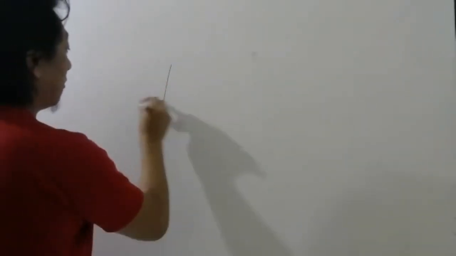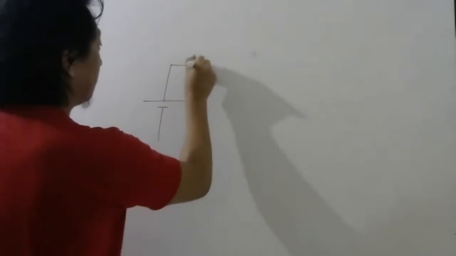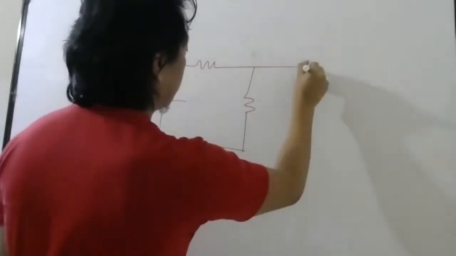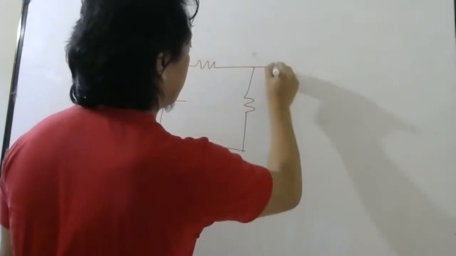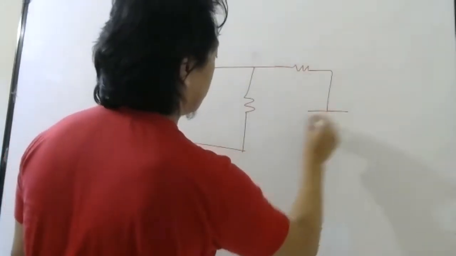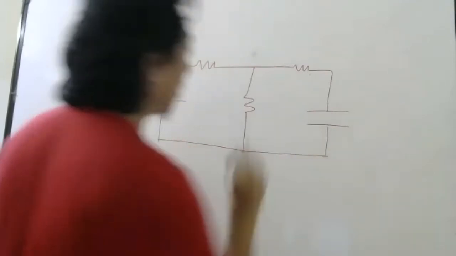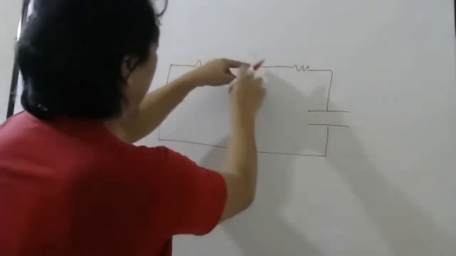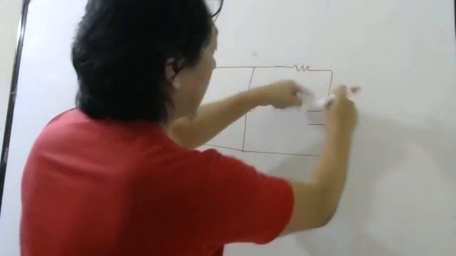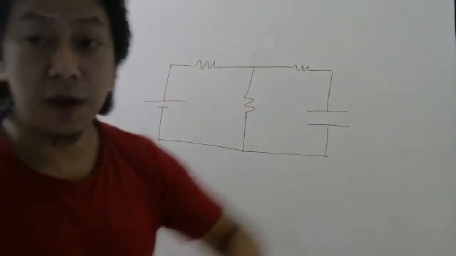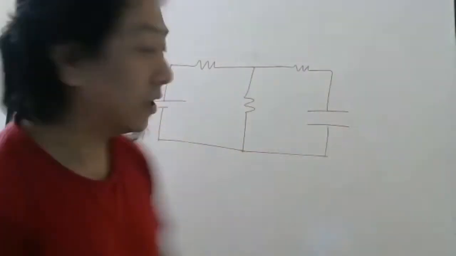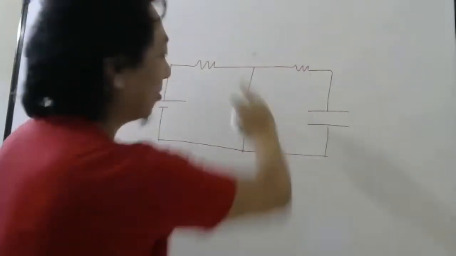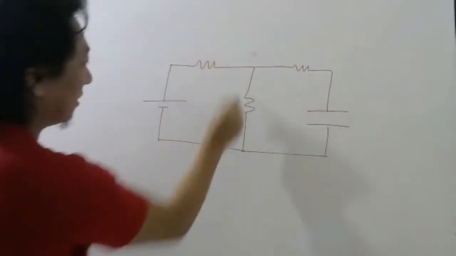So suppose you have a circuit like this. This capacitor will also get charged because whatever current comes initially will divide here, and therefore the capacitor will get charged. After a long time, in steady state, charge will be there, but no current will be here, only in this circuit.